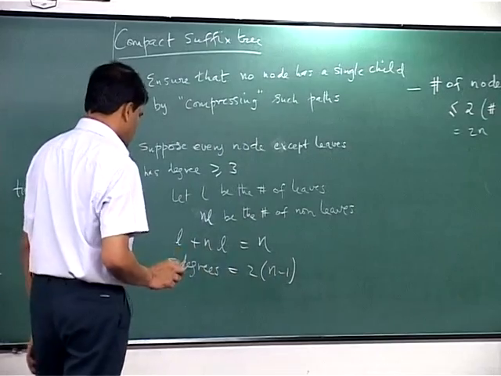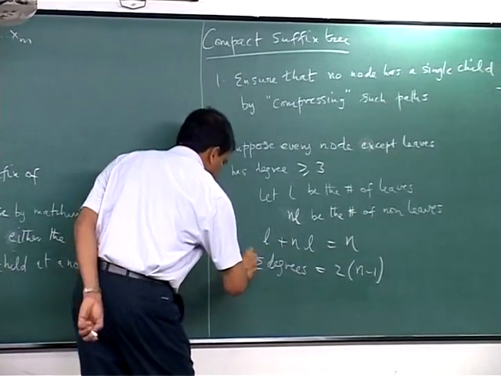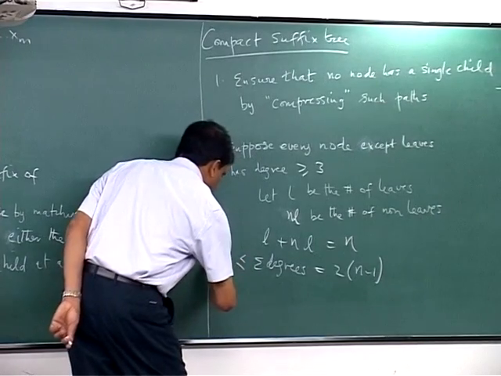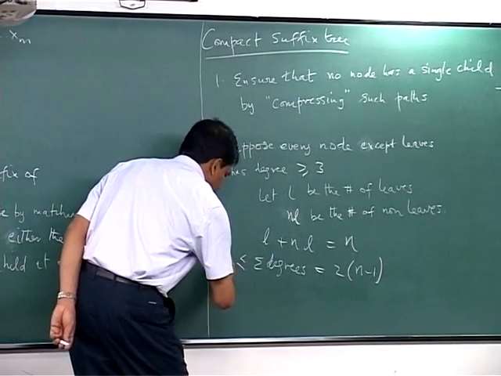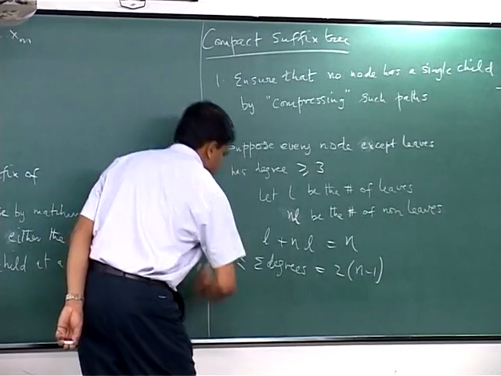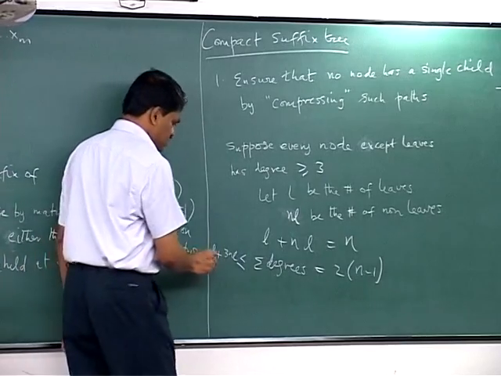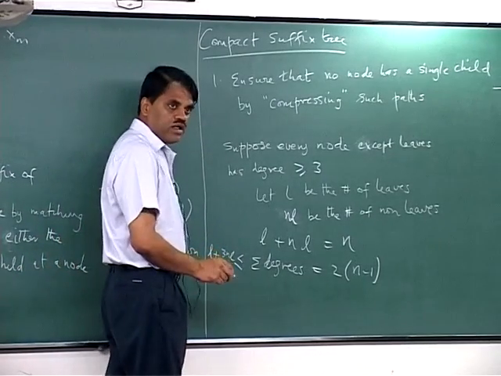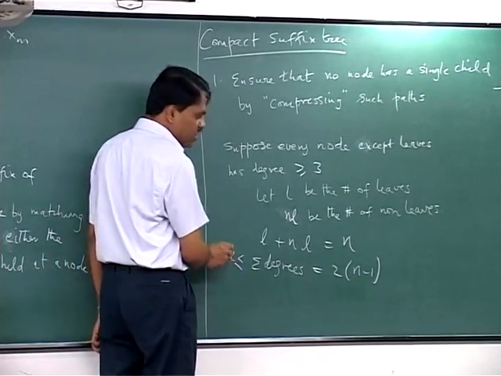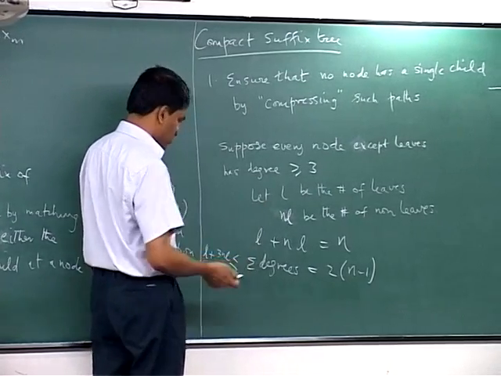But we also know the sum of the degrees is greater than or equal to L plus 3 NL, because leaves have degree exactly 1 and others have degree greater than or equal to 3. Now you solve this, and you will get whatever I wanted.